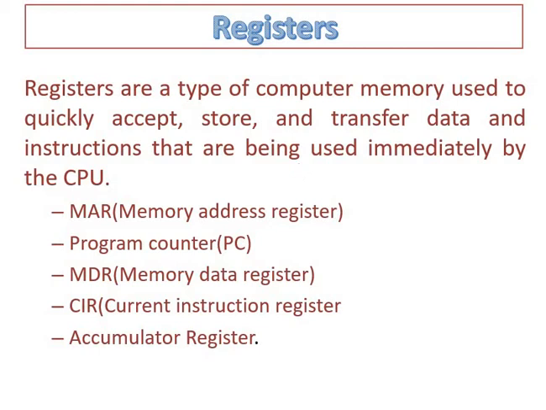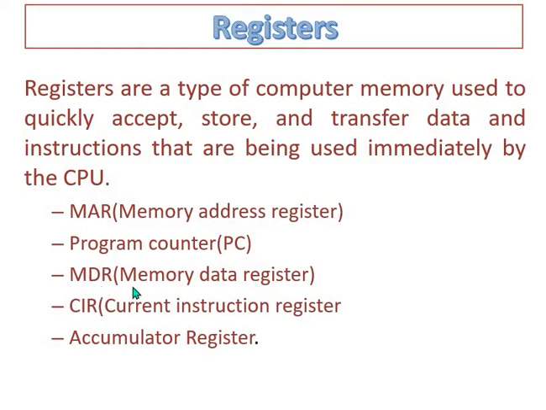Okay, so the first register is the memory address register. The CPU gives the memory address to the memory in order to access the data. The program counter register holds the address of the next instruction to be executed.